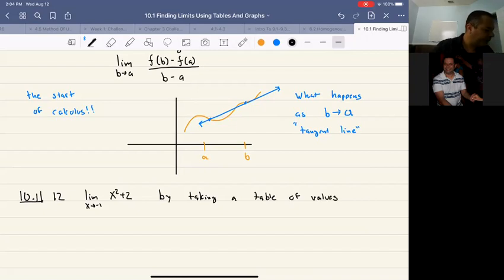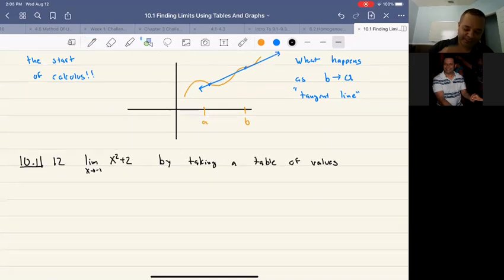It actually even gives us the x coordinates, so it even starts us out with a table. Let me help you with that.